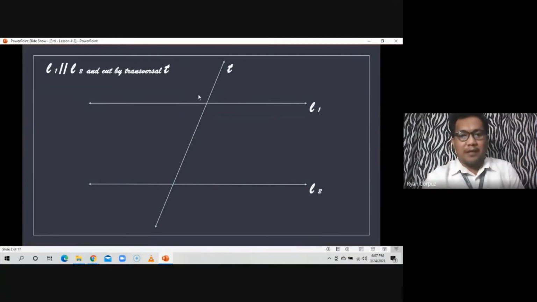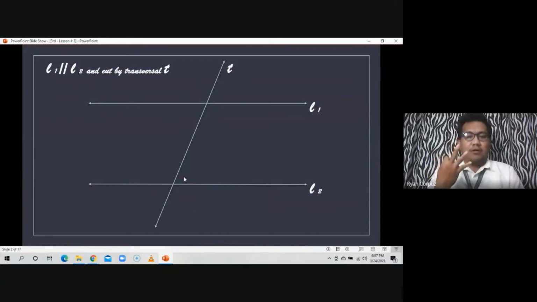Yung corresponding angles, for example, itong angle na to, together with this angle, they are called as corresponding angles. Let's say this angle inside and this angle, they are corresponding angles. The second, alternate interior angles. For example, this angle, they are called alternate interior angles if its pair is this angle. So they are called alternate interior angles.